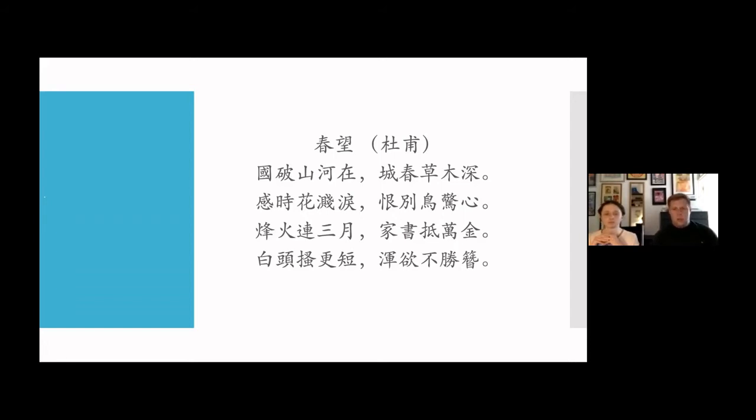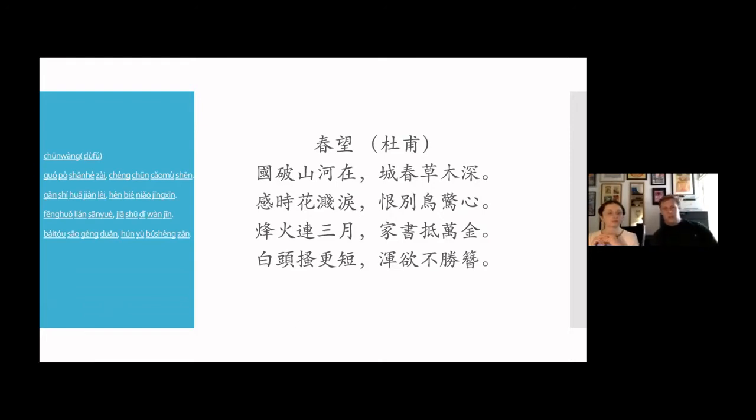Now, if you were a bit unnerved by that, this is the writing of the poem in what we call pinyin. Do you want to explain what pinyin is? Yeah, pinyin is a way of transcribing the sounds of modern Mandarin using the Roman alphabet.